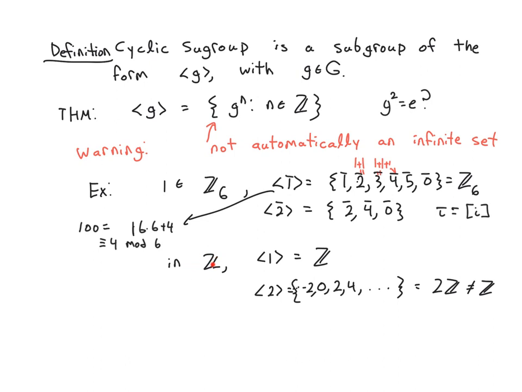Now let's look at the integers. Let's look at the same two numbers. The cyclic subgroup generated by 1 is every integer, because every positive integer can be achieved by adding 1 to itself enough times. So it's a certain power of n.